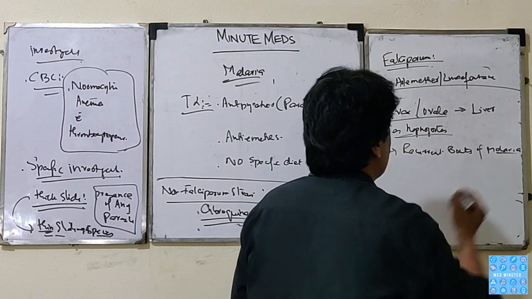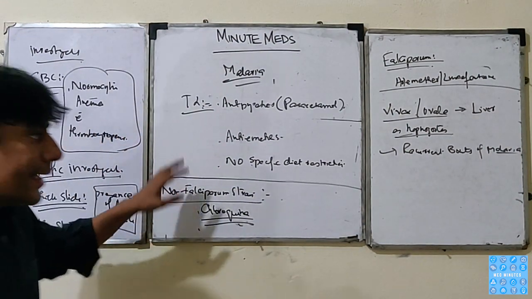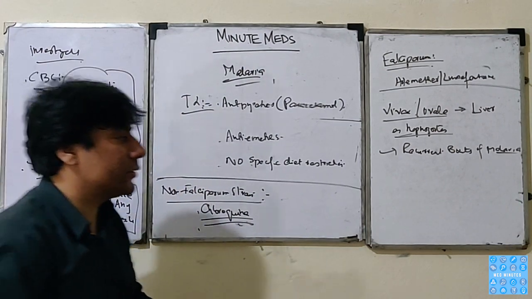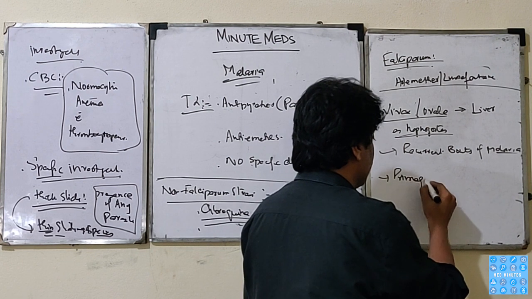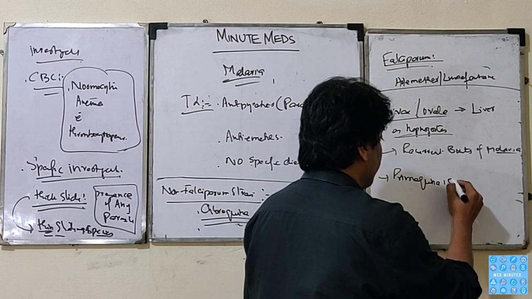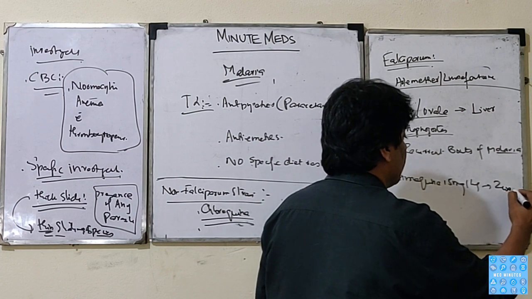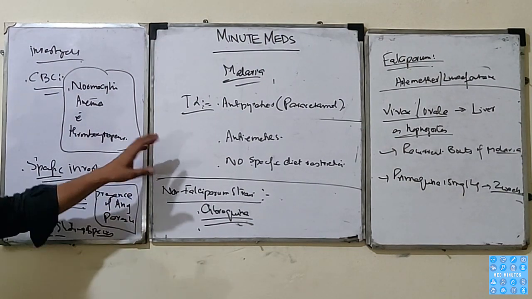So in such cases, we treat the acute attack with chloroquine, and then after completing this course of antimalarials, we prescribe the patient primaquine, 15 milligram per kg for 2 weeks. This is usually the treatment.